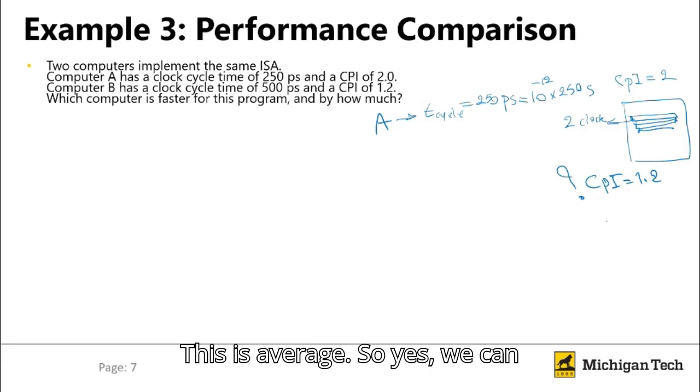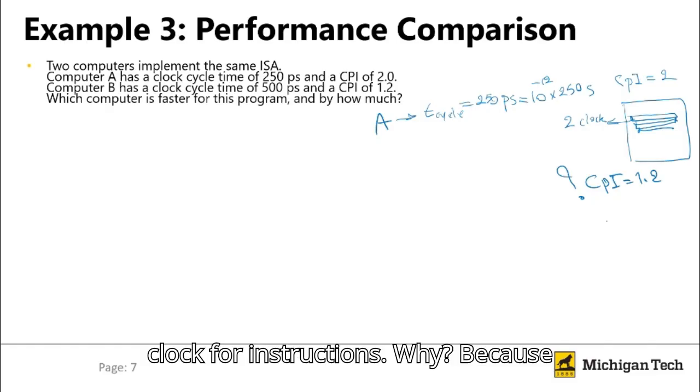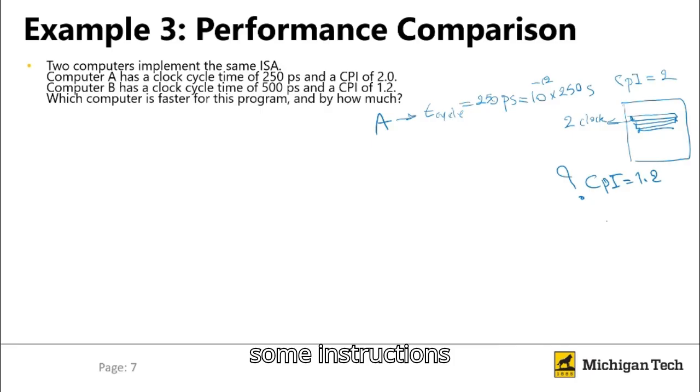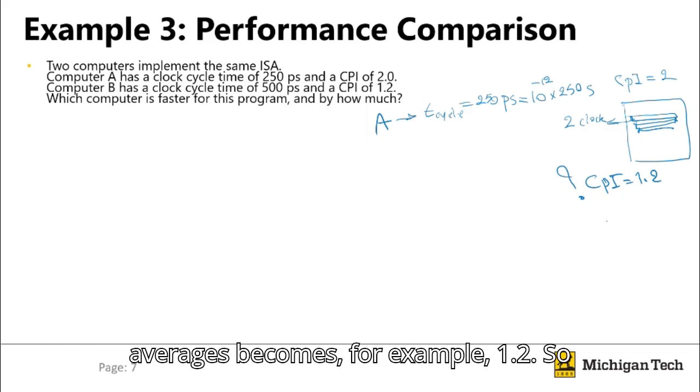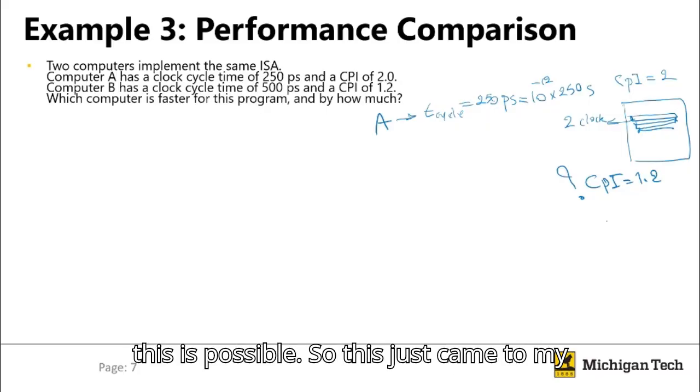So yes, we can have non-integer clock per instruction. Because some instructions need more clocks, and when we add them together and average, it becomes, for example, 1.2. So this is possible.